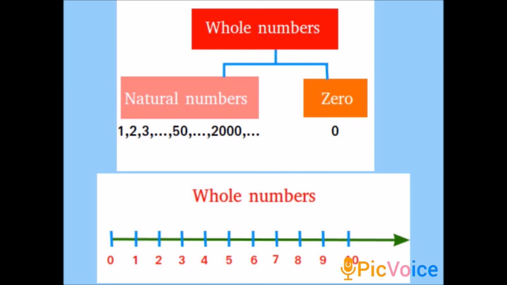So what is meant by whole numbers? Whole numbers start from 0. W is the notation for representing the whole numbers. So capital W equals the set of all 0, 1, 2, 3, etc. These are said to be whole numbers.